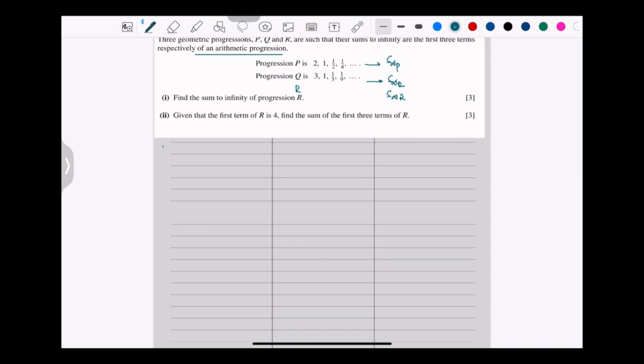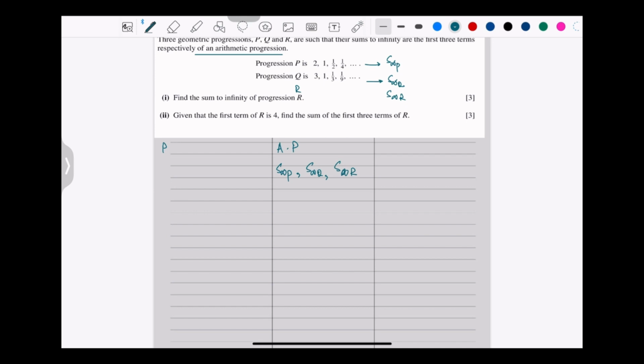For an arithmetic progression, let's write this down. The first term will be the sum to infinity of p, then the sum to infinity of q, then the sum to infinity of r. These are the first three terms of that arithmetic progression which we are trying to construct.